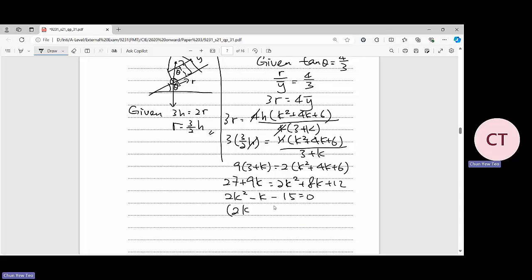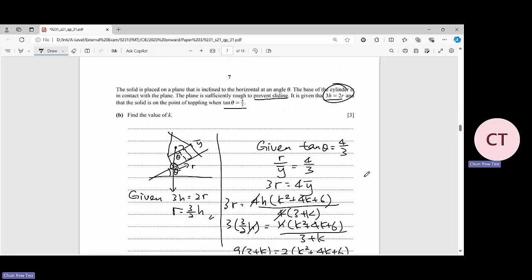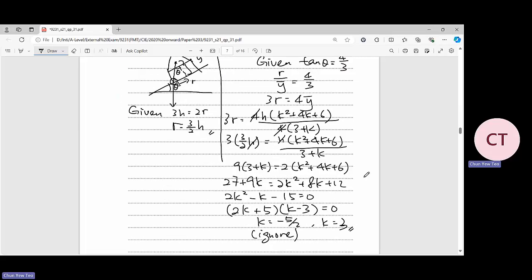We try to factorize it. So we have a 3, we have a 5 here, minus and plus. The k is negative 5 over 2, and k equal to 3. Okay, we will ignore the value for k that is negative. So therefore, your k is 3, just like that. So this will be the answer for question number 4B.